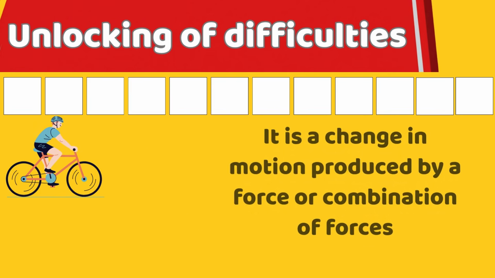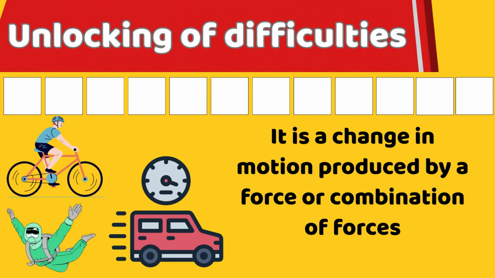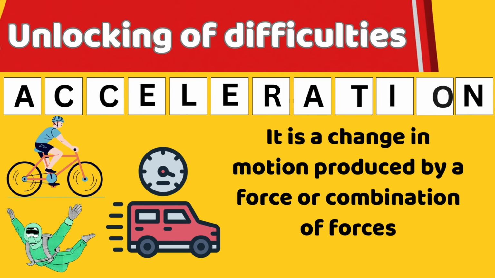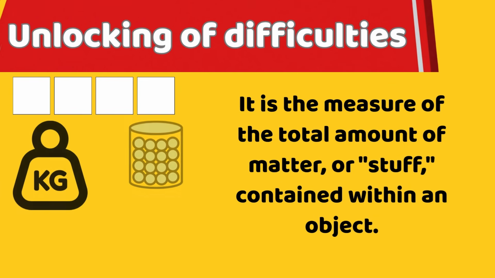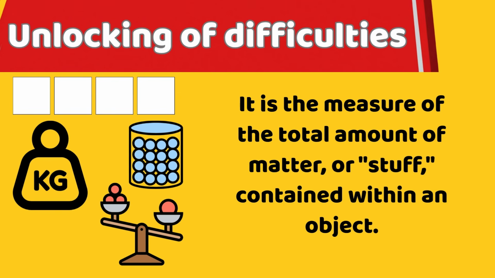Second, it is a change in motion produced by a force or combination of forces. So the answer is, you got it, acceleration. Lastly, it is the measure of the total amount of matter or stuff contained within an object. Okay, so the correct answer is mass.